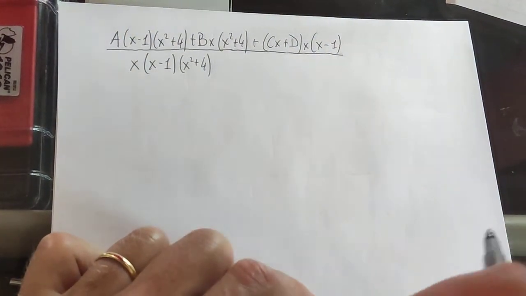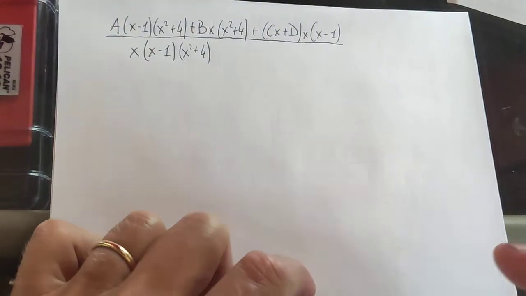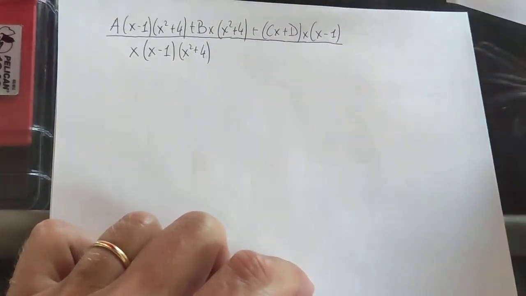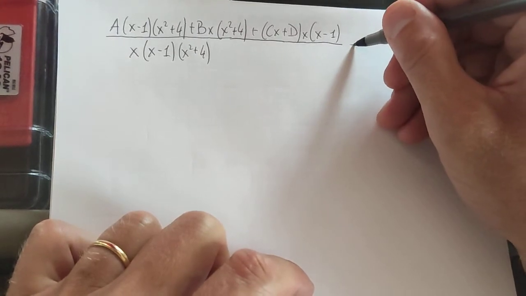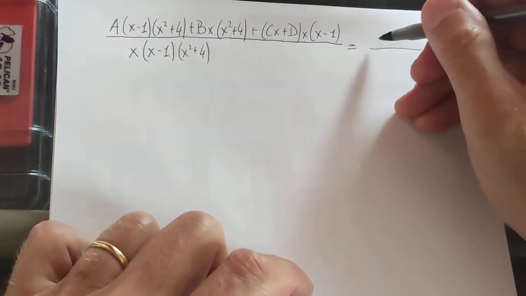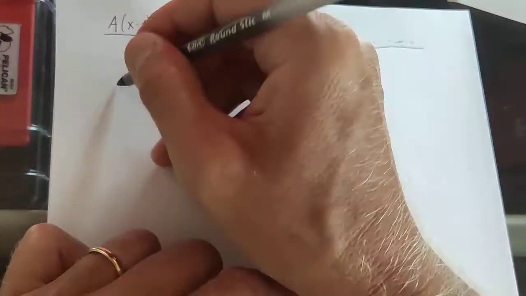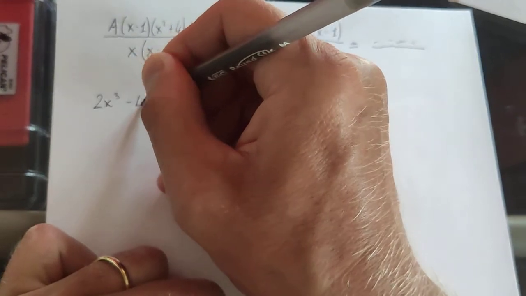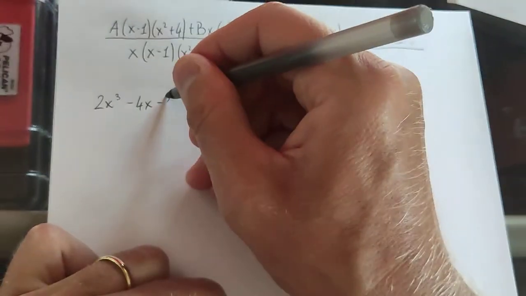Okay, I'm just going to do it quickly, because it's interesting algebra, but not really calculus. So I have that numerator, and that numerator was 2x cubed minus 4x minus 8.